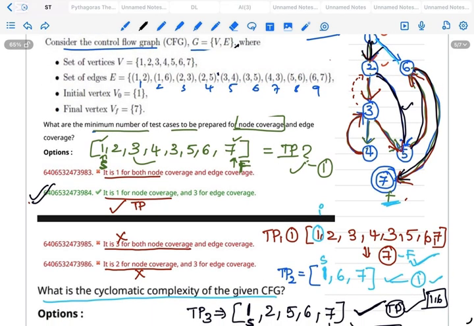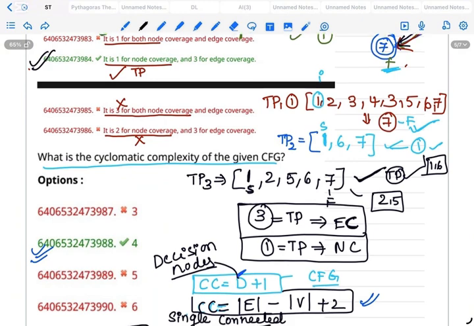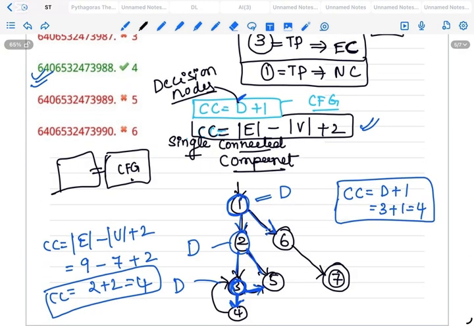Friends, I forgot that 5 to 6 is also another edge, 5 to 6. But it does not change the decision nodes.